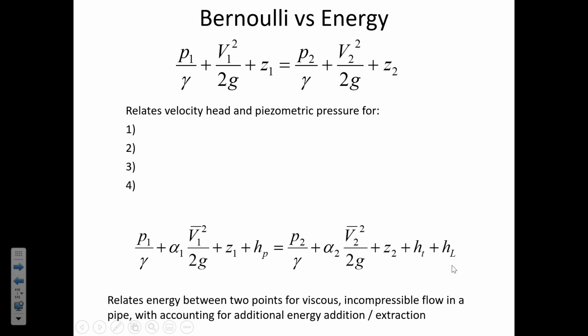So if we're applying the energy equation, we always need to understand what direction the flow is going. Here, as depicted on the whiteboard, the flow is from left to right, so 1 is upstream, 2 is downstream. Does everybody understand that? Any questions about the flow direction assumption that we build into that?